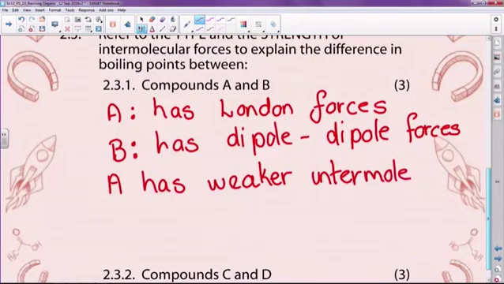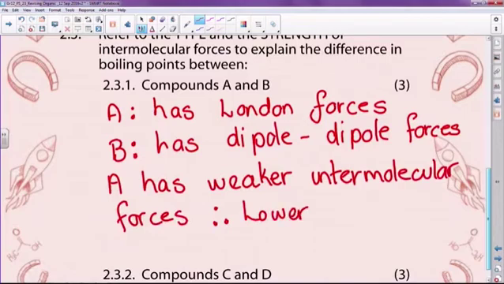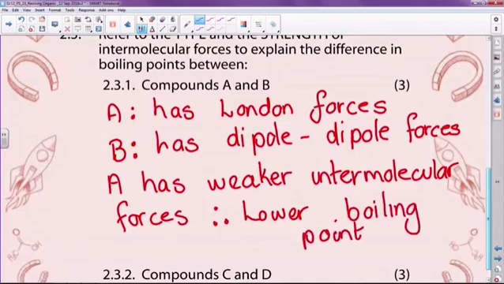Therefore, lower boiling point. So just saying that you had London and dipole wasn't enough. You had to say which one's stronger and which one's weaker.